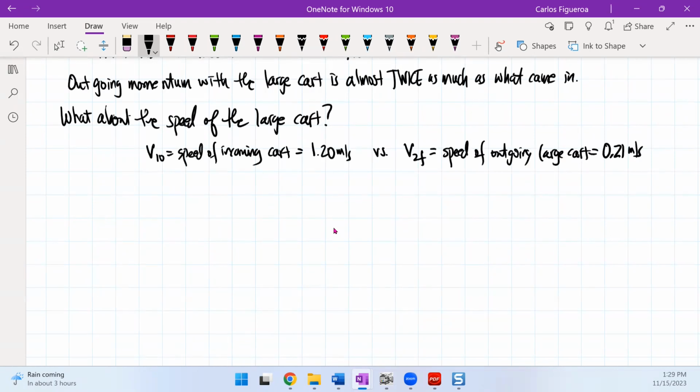So you could see that this is 6 times slower. It agrees with everything that we've talked about when we started dealing with elastic collisions. Okay, that's the end of that example.